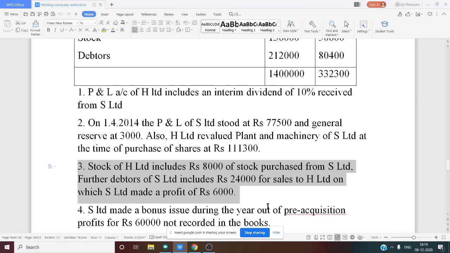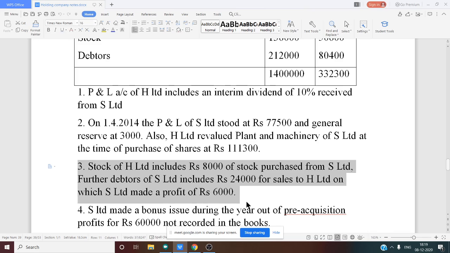Now next you see the further adjustment, the debtors of S Limited. That is, the subsidiary company's debtors include 24,000 for sales to H Limited on which S, the subsidiary company, made a profit of 6,000. Here the percentage is not given, like 25% on cost or 20% on sale.